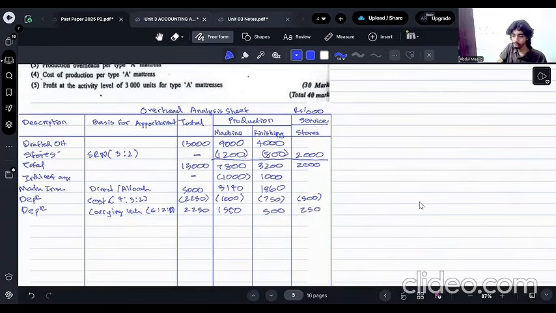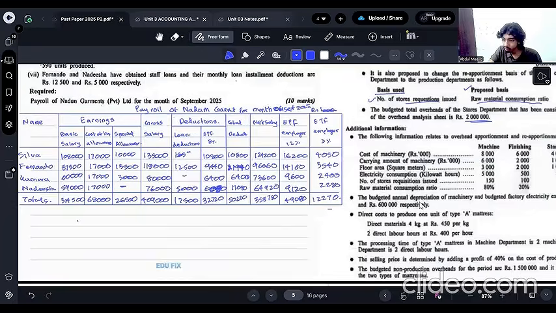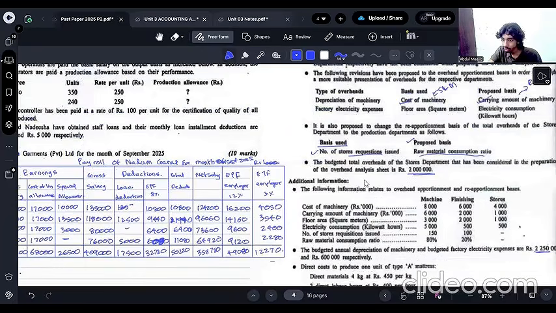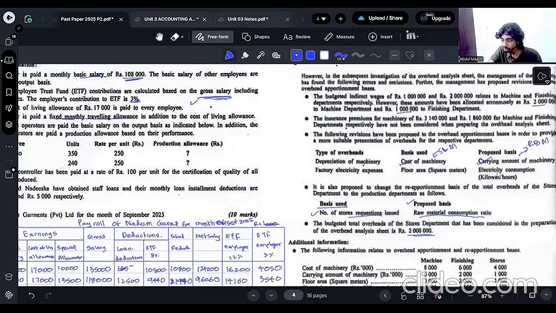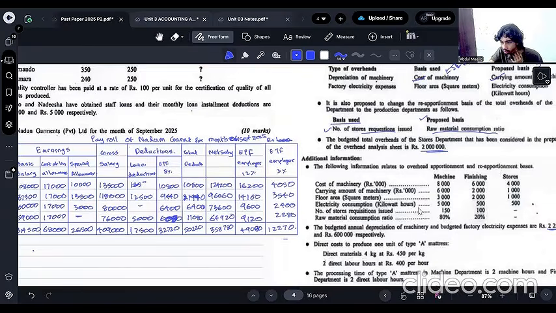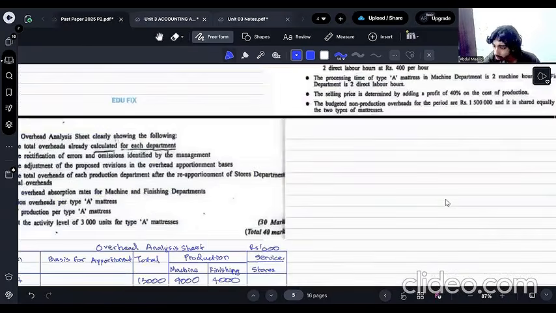Okay, that is done. Then electricity: earlier they divided based on floor area. The method that is used is floor area. The proposed method is electricity consumption, kilowatt hours. Floor area ratio will be 3 is to 2 is to 1. How much is the electricity bill?